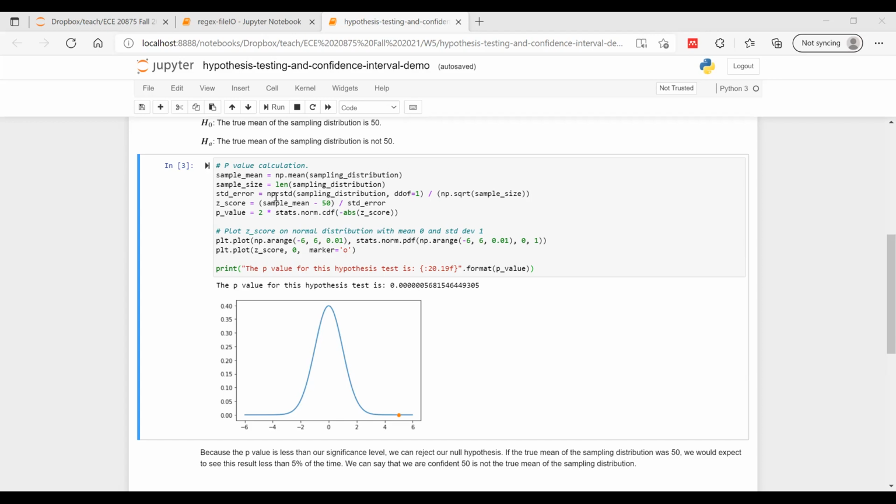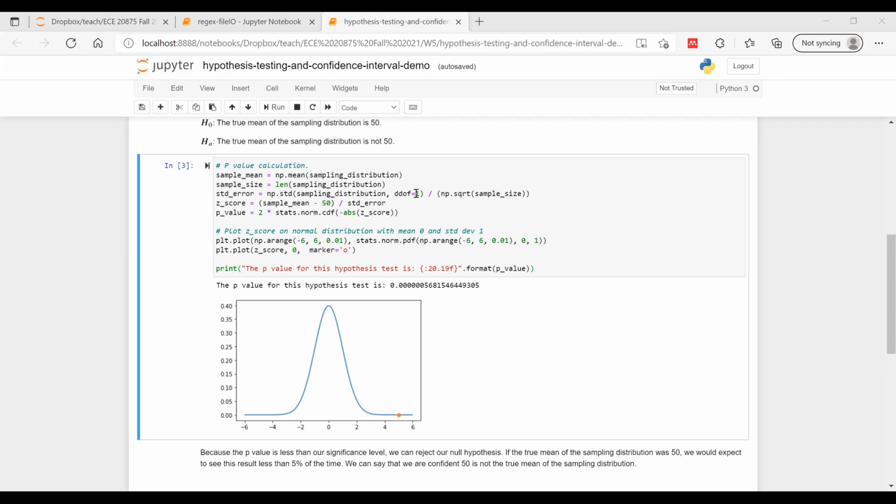And then we get the standard deviation, because in order to do this hypothesis test, you need to estimate the standard deviation from your sample. So you need the mean, and you need the standard deviation. We call std with ddof, the degrees of freedom. Remember, we have the formula from the lecture, 1 over n minus 1.